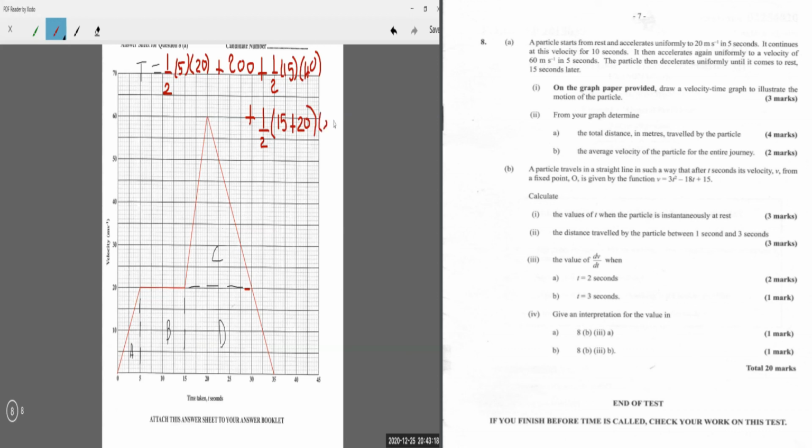When you put all of this in a calculator, it gives you the total distance traveled. So the total distance is a half of 5 times 20, plus 200, plus a half of 15 times 40, plus a half of 15 plus 20 times 20. So this is 900. The total distance traveled is 900 meters.